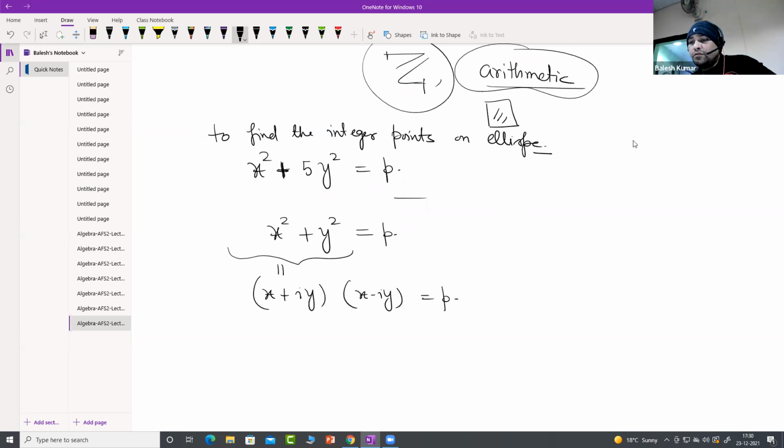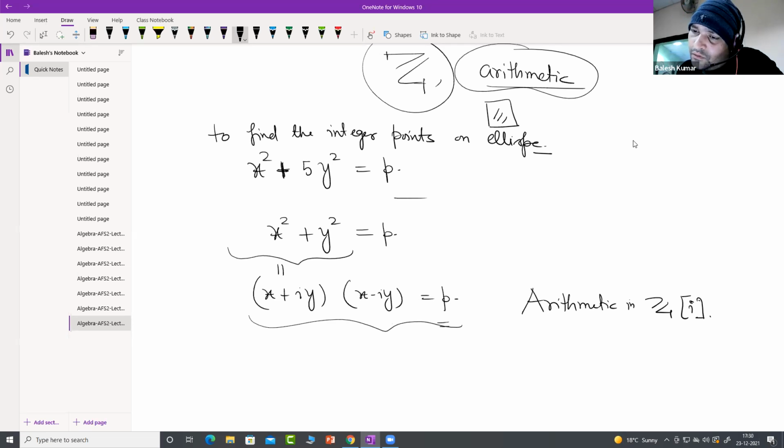Then one can use the arithmetic inside the ring of Gaussian integers Z[i], and analyze which integer points lie on this circle. Since Z[i] is a unique factorization domain, in fact a Euclidean domain, this factorization is unique and one can deal with the integer points very well.